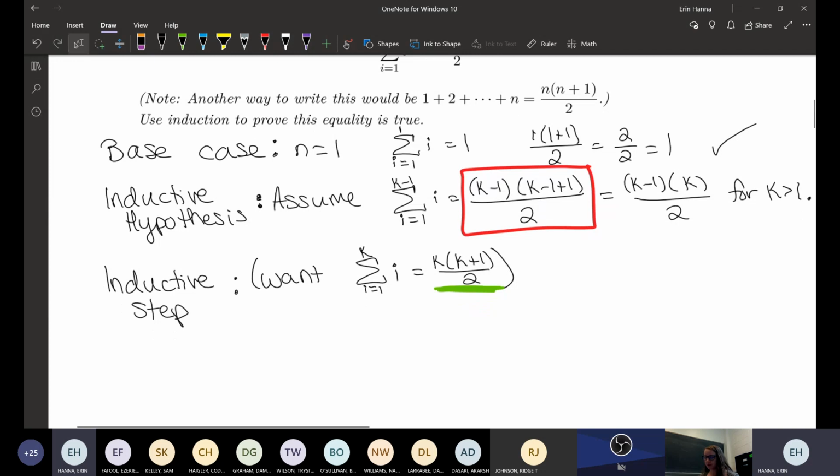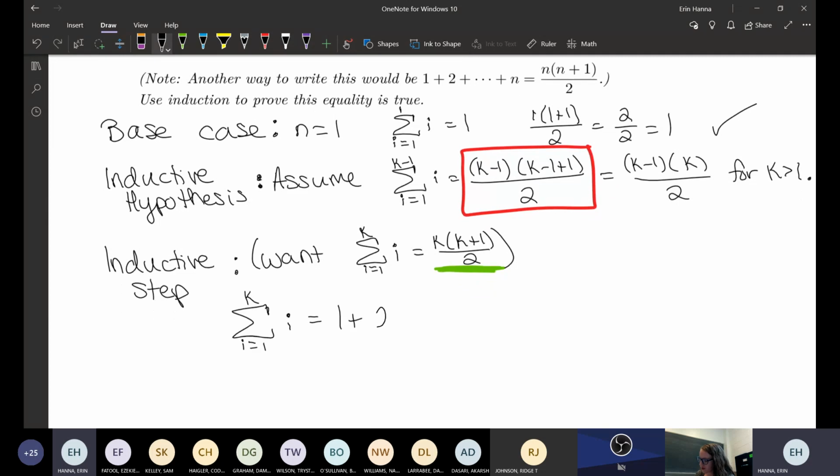So what you want to do is start with the left side of whatever you're looking at. So we're looking at this. Now, I can think of this as 1 plus 2 plus 3 plus onward plus k minus 2 plus k minus 1 plus k.